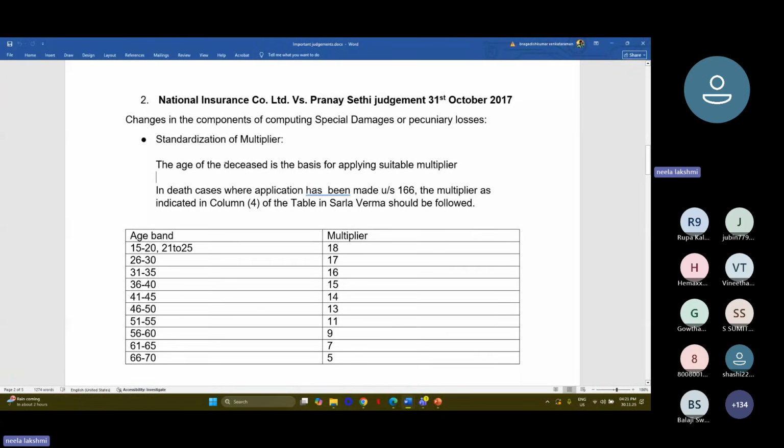guided that the age of the deceased is the basis for applying the suitable multiplier. The parents' age and all that were removed, and the age of the deceased is the basis for applying the suitable multiplier. In death cases where application has been made under 166, the multiplier is as indicated.